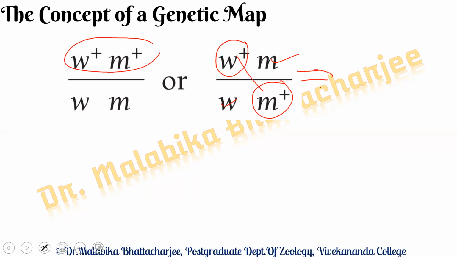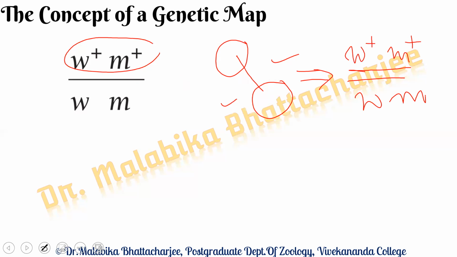When a crossing over occurs between these two, we get the two wild type alleles on one chromosome. As a result of crossing over, they become in coupling, and the two recessive mutants on the other chromosome. So when we talk about genes in coupling or genes in repulsion, you have to understand that in coupling the two wild type alleles are on the same chromosome and the two recessive alleles are on the other chromosome.